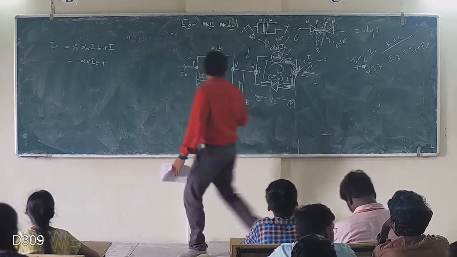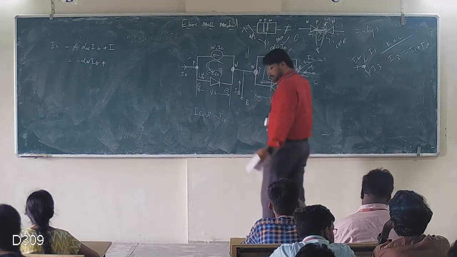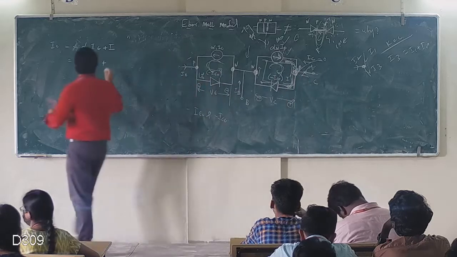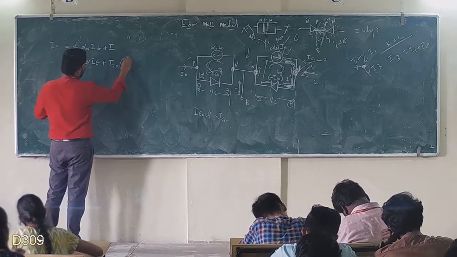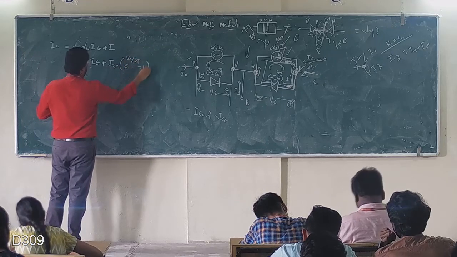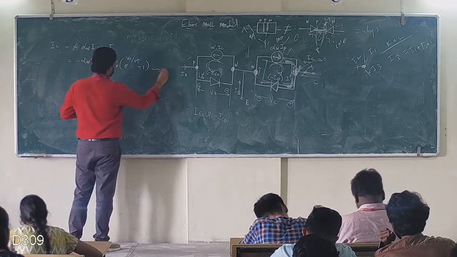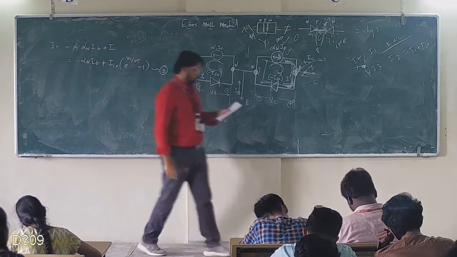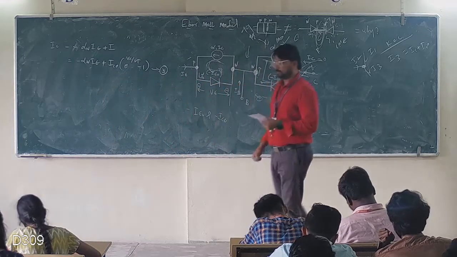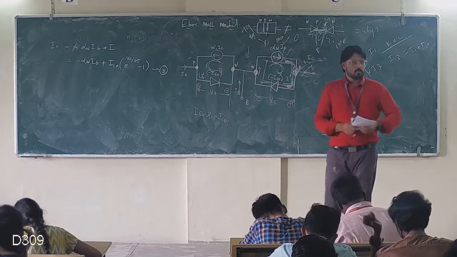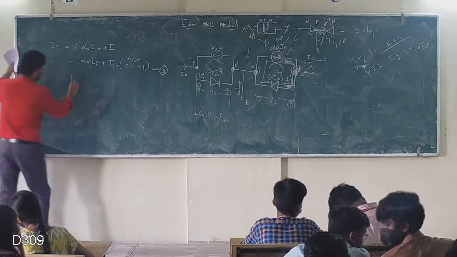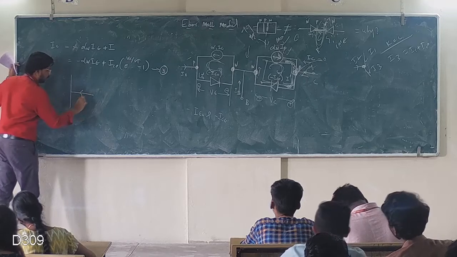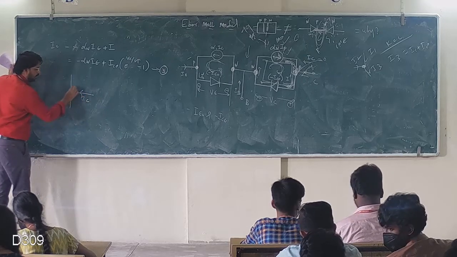What is I? I is ICO into e to the power of VC divided by VT minus 1. Here IC is the collector current entering at the node.